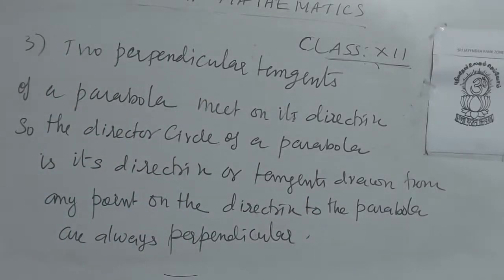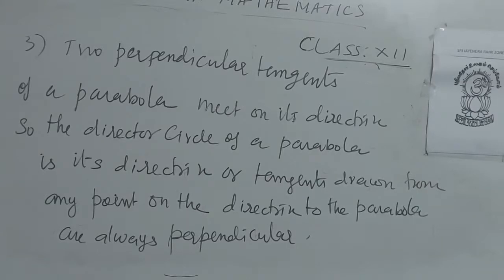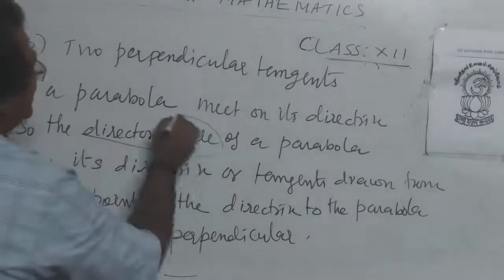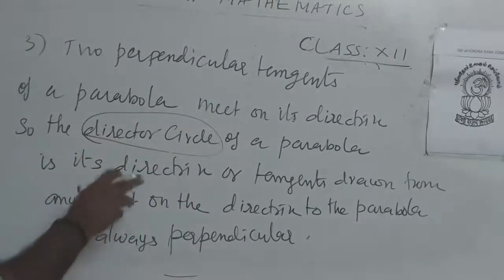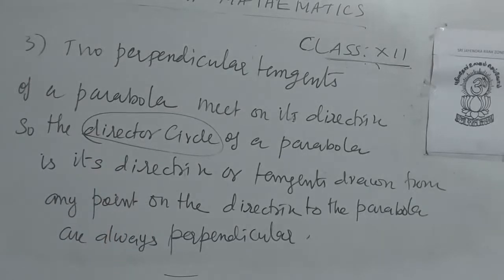We have seen this concept in circle also. Directrix circle means the locus of the point of intersection of perpendicular tangents. For the circle x squared plus y squared equal to a squared, we discussed it earlier.